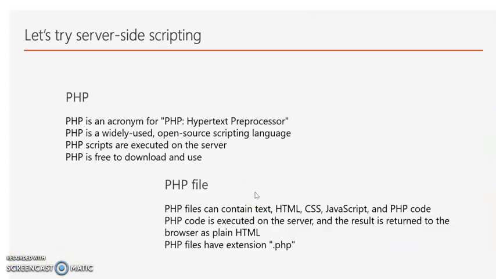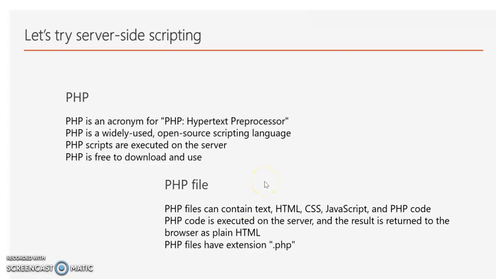Now let's take a look at PHP as server-side programming. What is PHP? PHP is a widely used open source scripting language and is executed on the server. And what's good for PHP is that it is free to download and use.